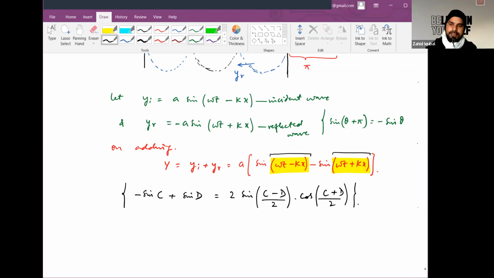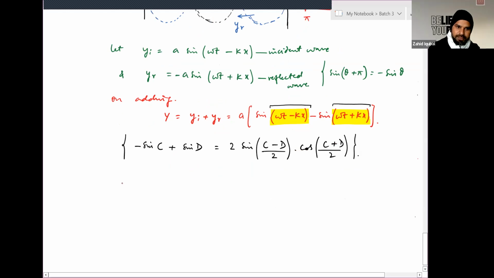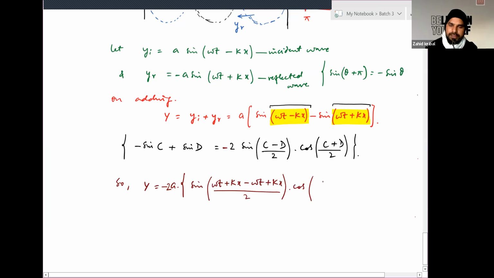So using this identity, if we simplify above part, y will equal to a, and there will be some negative, minus 2a sine C minus D, that is omega t plus kx minus omega t minus kx divided by 2, first part, and cos C plus D, that is omega t plus kx plus omega t minus kx divided by 2.